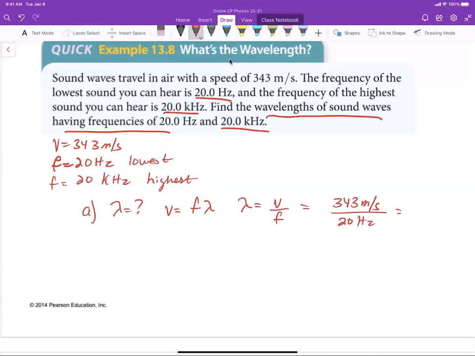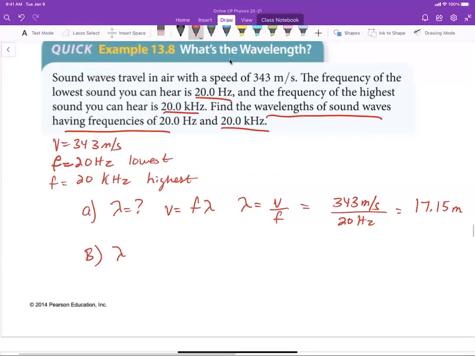Hertz is cycles per second, so the seconds will cancel, and that will give me 343 divided by 20, and that is a wavelength of 17.5 meters.